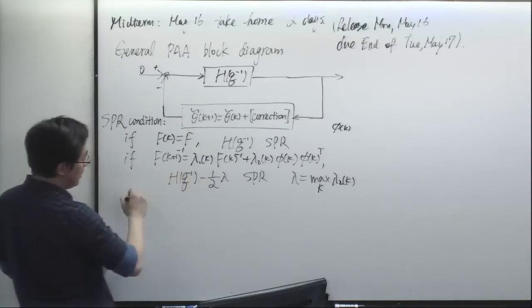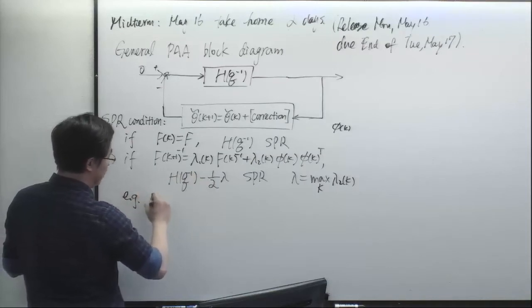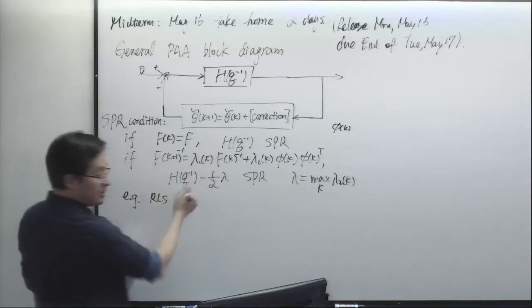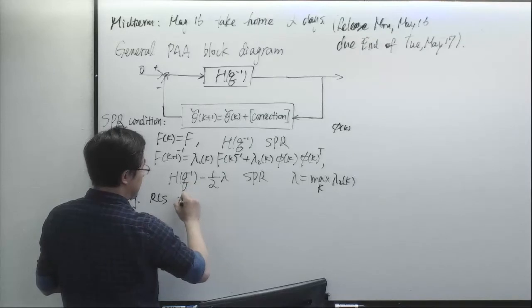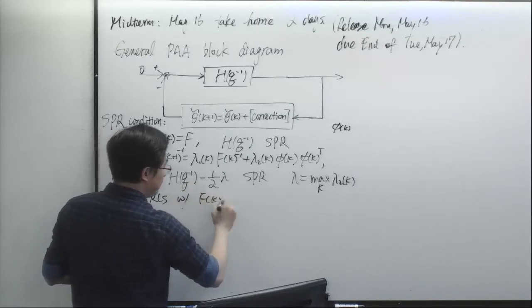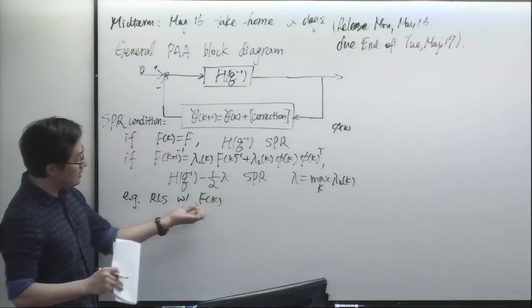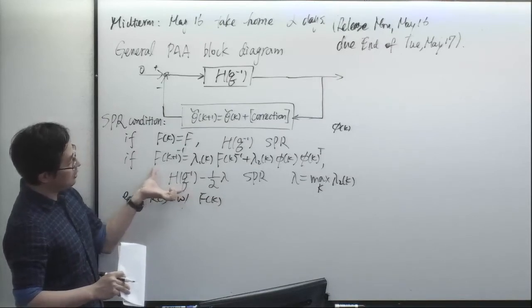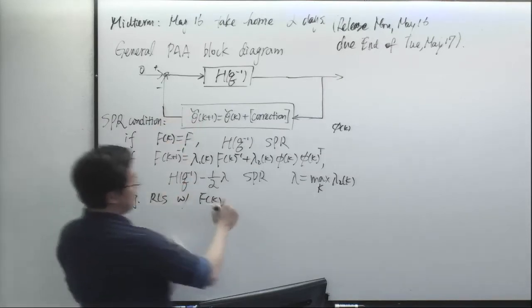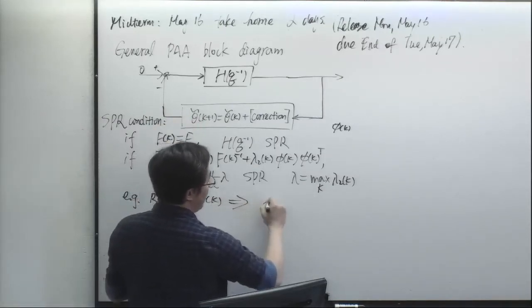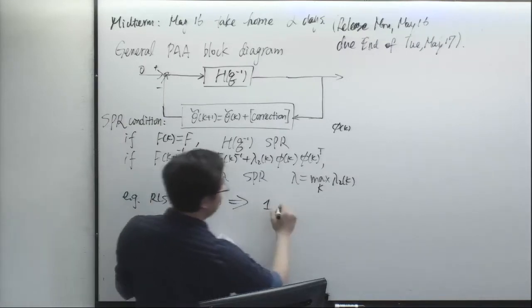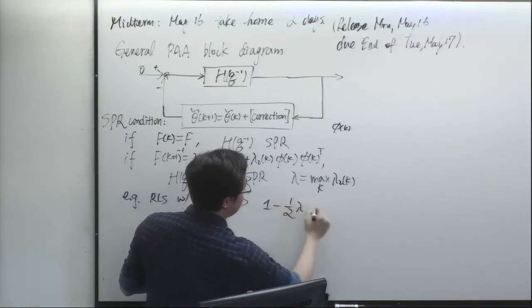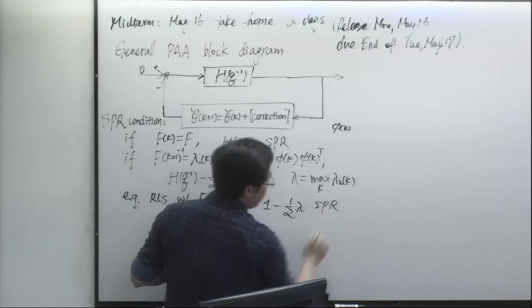For example, in recursive least squares, if it's with time varying adaptation, then we can see that the condition for hyperstability is that, h is 1 in that scenario, 1 minus half of lambda needs to be SPR.